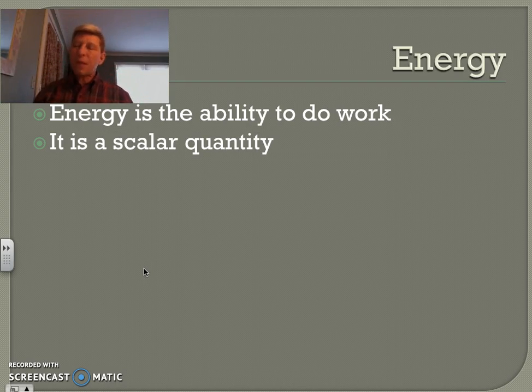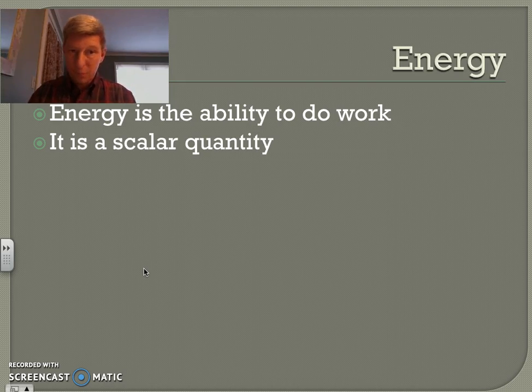Okay. Now, energy in and of itself is a scalar quantity. It does not have a direction associated with it. But it is the ability to do work. And because it's the ability to do work, it actually has the same units as work. Remember what those were?